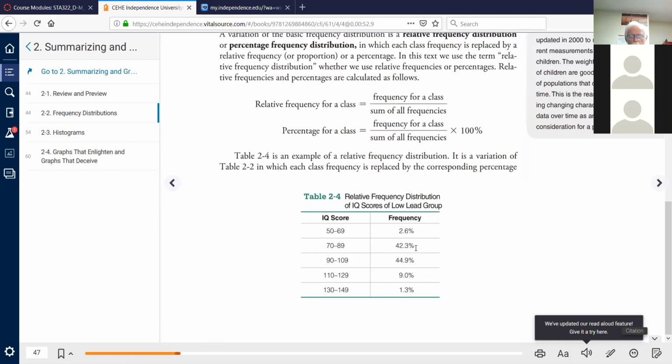So that gives you an idea of relative numbers. Whereas if they had just given numbers, they would have been meaningless.